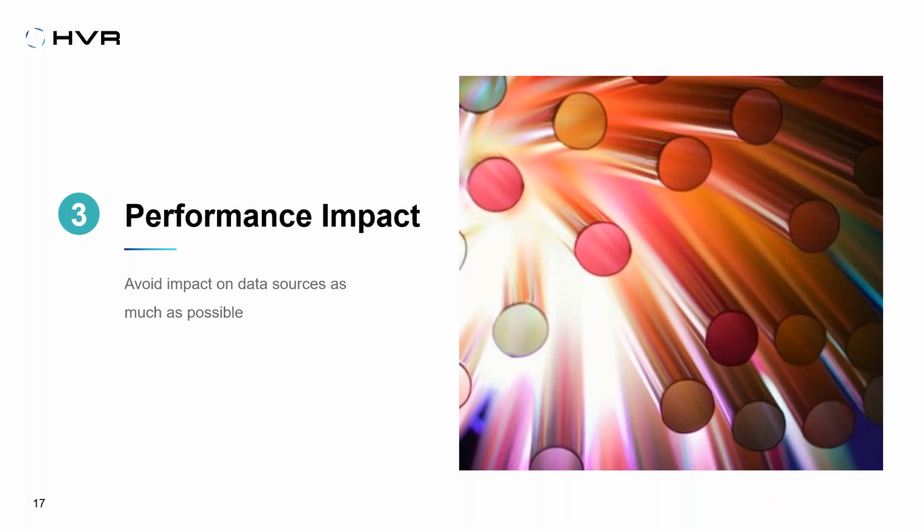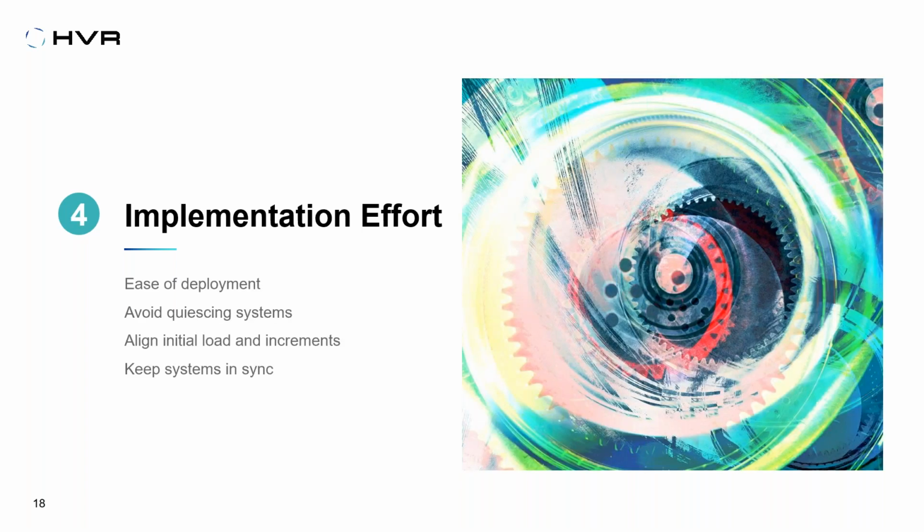And again, in today's world, we see a lot of analytical needs, organizations using their data for competitive advantage, minimizing risk, reducing cost, and all of those kinds of considerations. So performance impact, third key consideration.